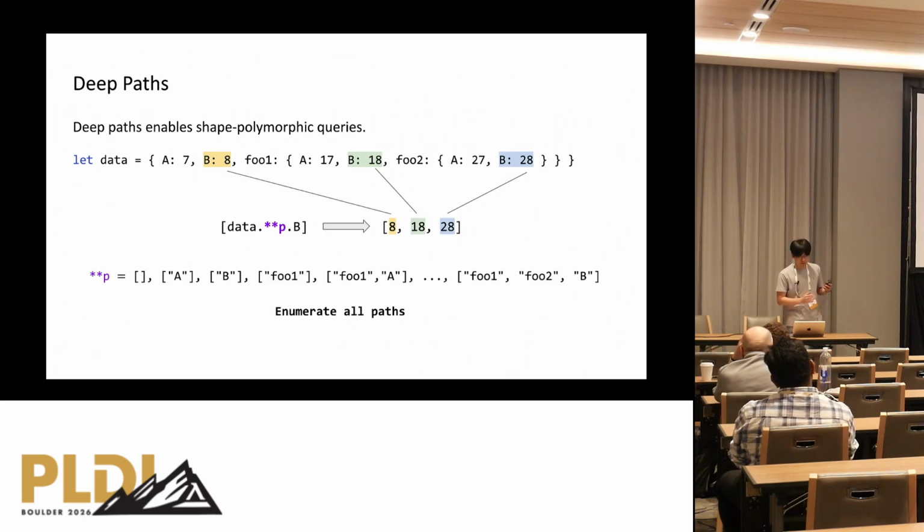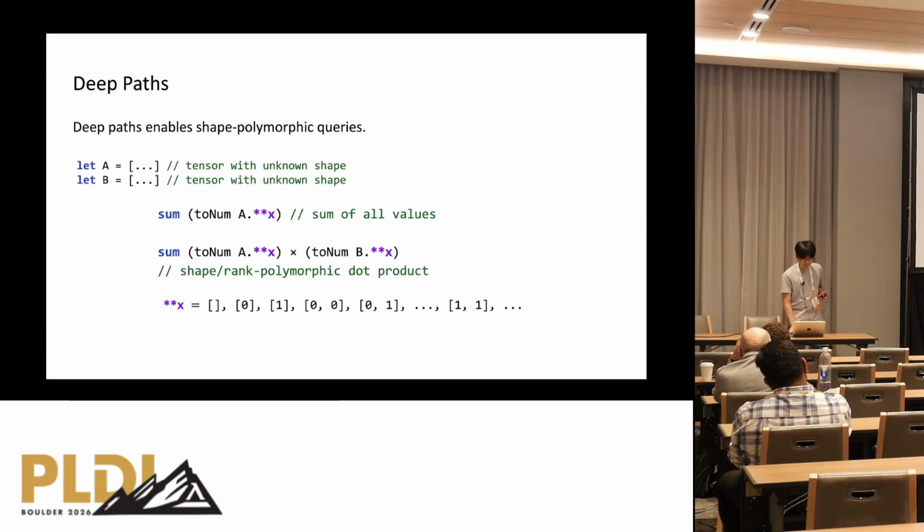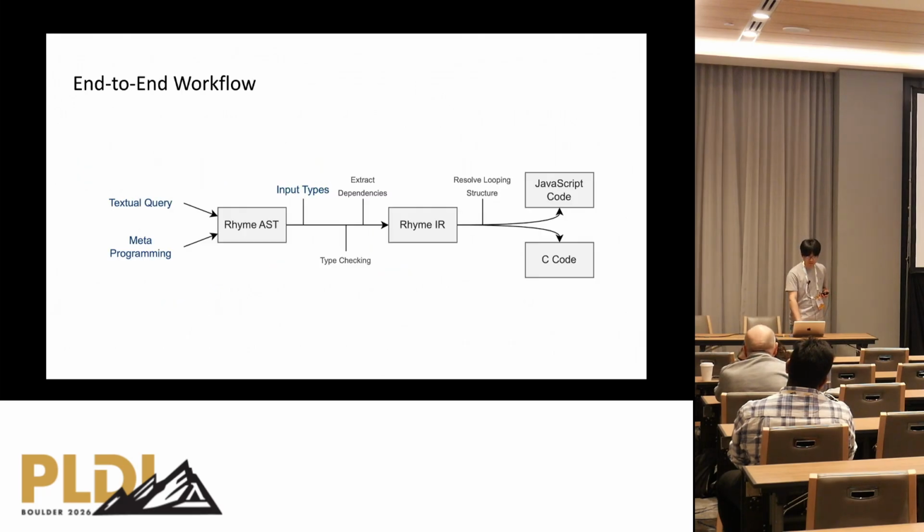And if we use the generator directly, it basically enumerates all the paths all the way from the roots to the leaves. And this also gives us shape-polymorphic queries on tensors as well. So we can do a sum of all values and then a dot product on two tensors potentially.